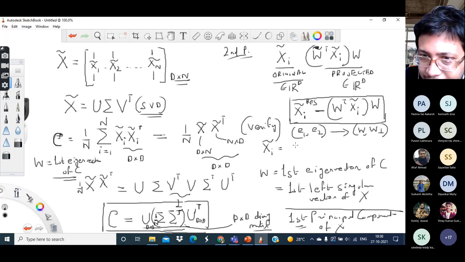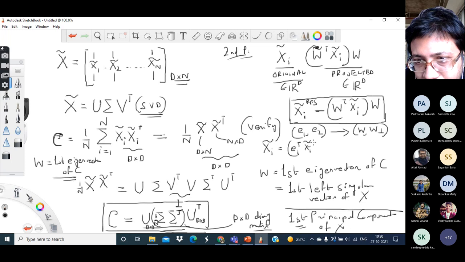Just like any vector xi tilde, earlier it was expressed in this way: e1 transpose xi tilde times e1 plus e2 transpose xi tilde times e2.